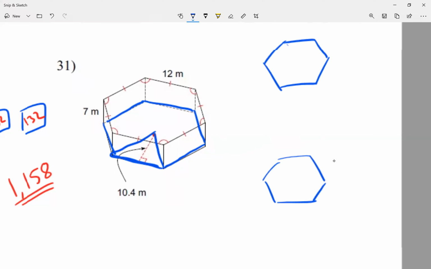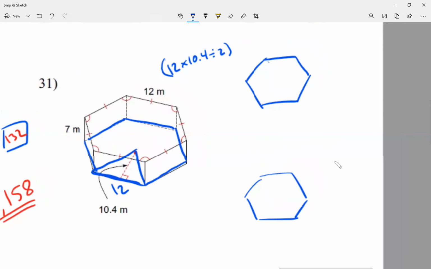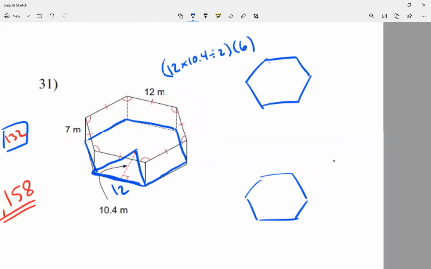Each measurement outside of my base, in this case, is 12. For that one triangle, I will go 12 times 10.4 divided by 2. Whatever I get for that triangle, I'm going to multiply this by 6 because there are 6 sides. So 12 times 10.4 divided by 2 times 6, I get 374.4.